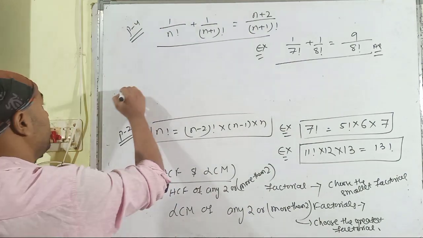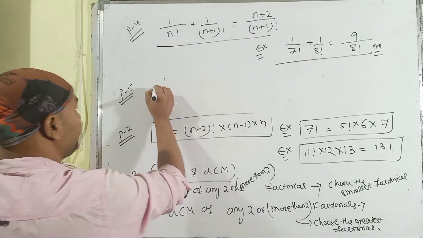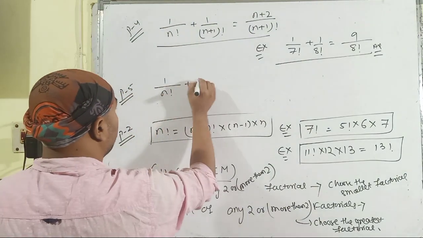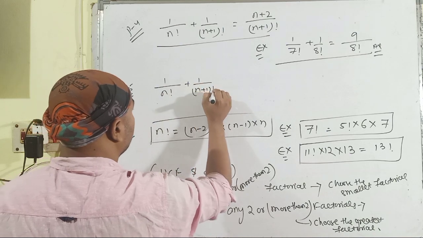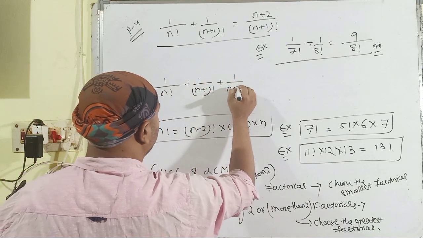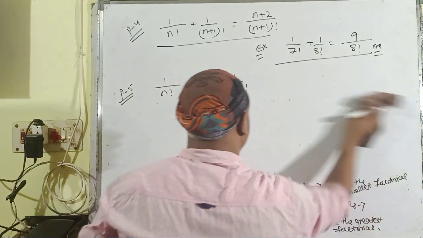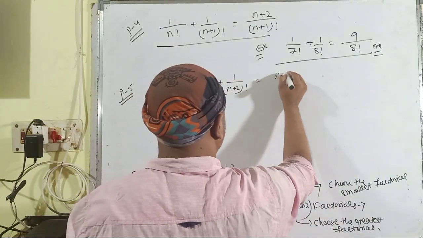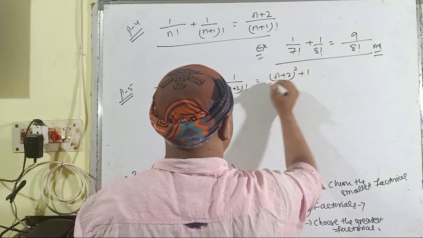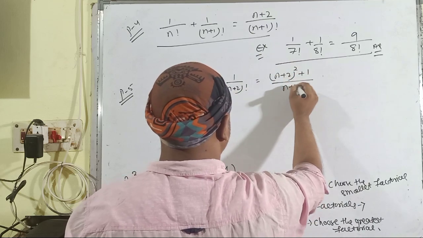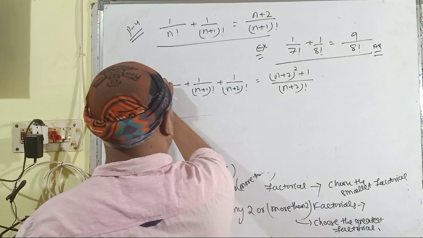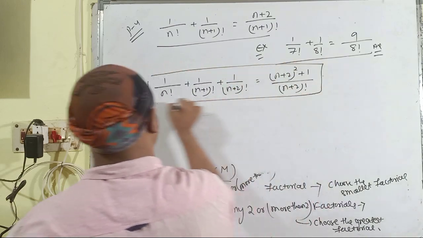Property number 5, 1 upon n factorial plus 1 upon factorial of n plus 1 plus 1 upon factorial of n plus 2, and that gives us the result as whole square of n plus 2 plus 1 divided by factorial of n plus 2, and that is the property number 5.